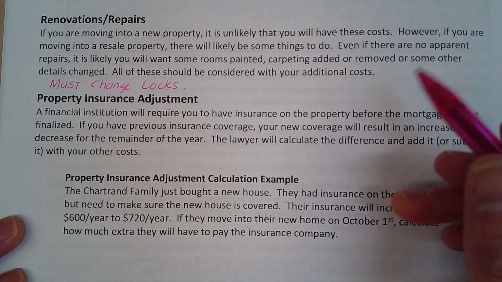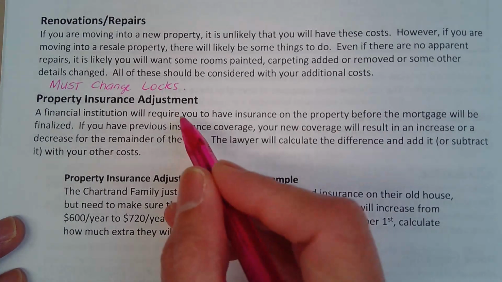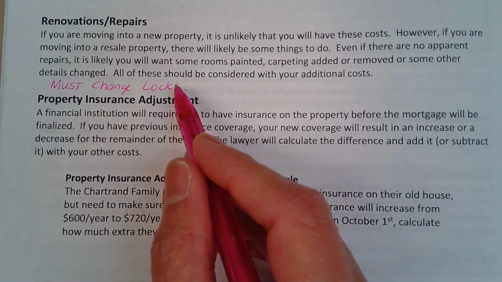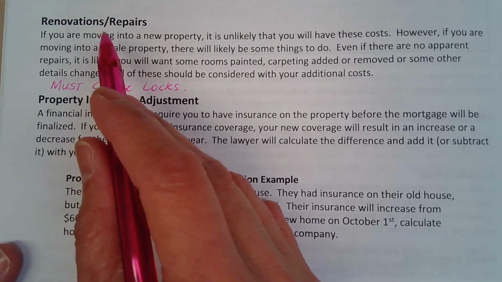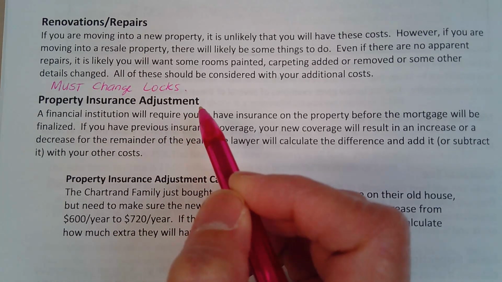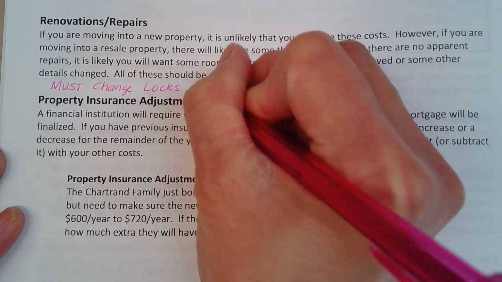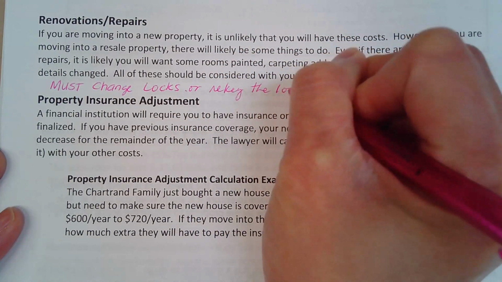So when you move to a new house, it's probably the very first thing that you have to do. It's a renovation and repair. You change the locks, or at the very least, rekey the locks.